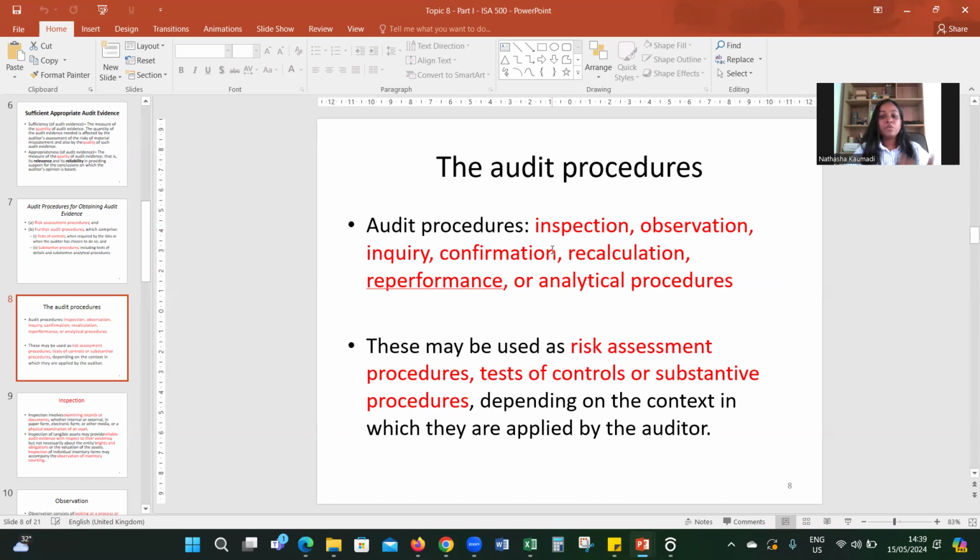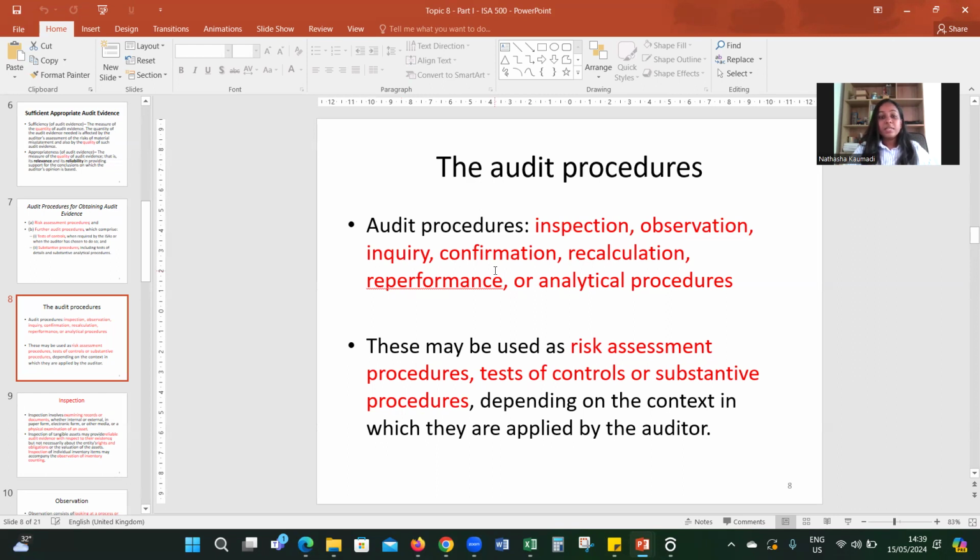We discussed inspection. You are inspecting the documents, you are inspecting the physical assets. Or observation. Observing a process done by another party. You are observing the process of counting the inventory. Or maybe it can be inquiry. You are inquiring of knowledgeable persons about something about the organization.